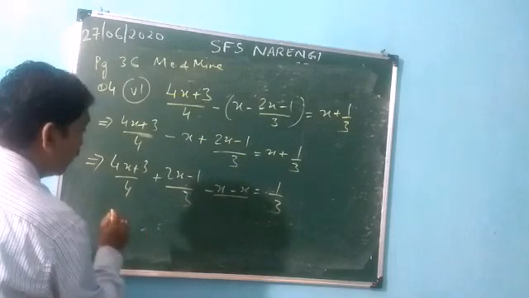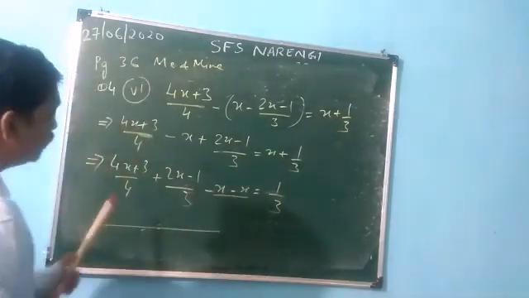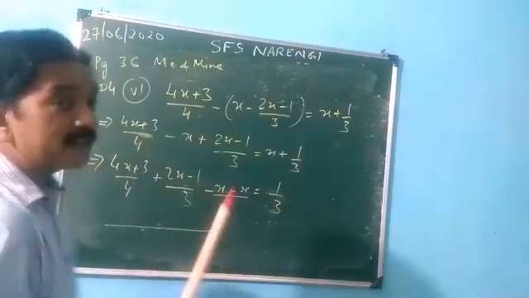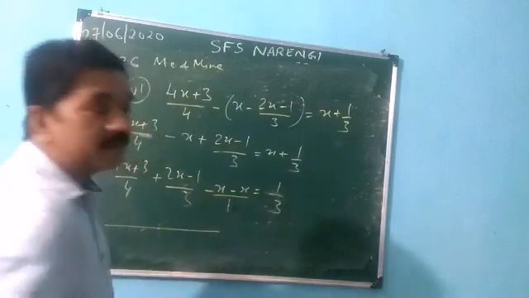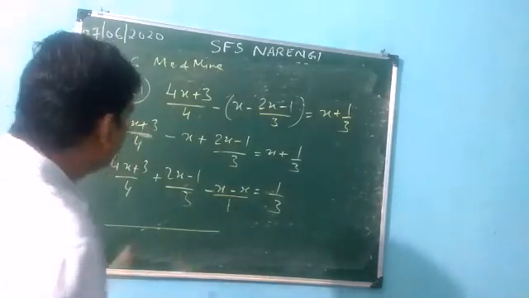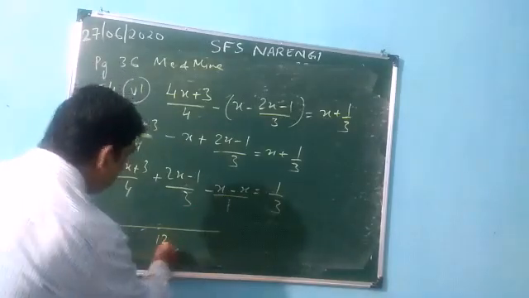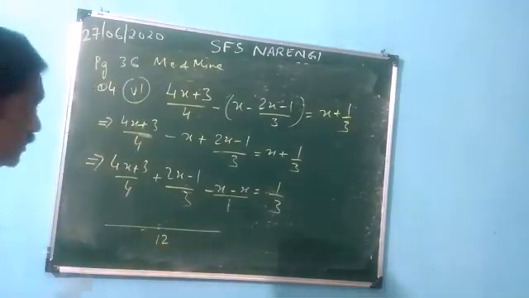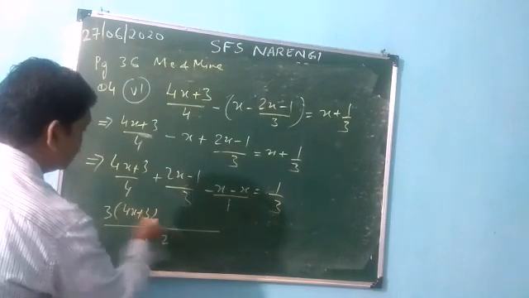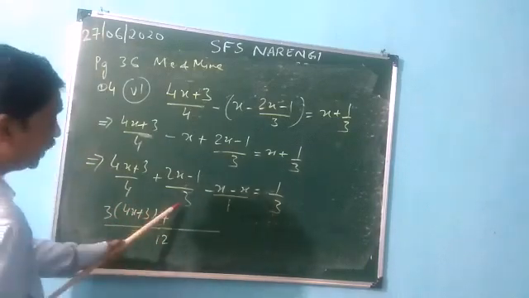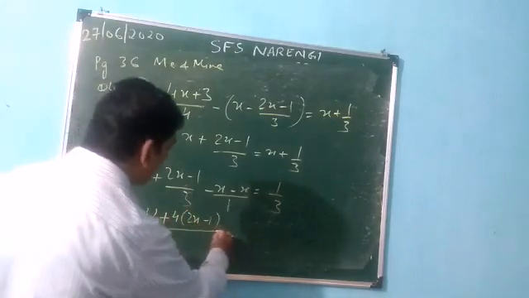After this, what I am going to do is take the LCM of 4 and 3. When I say 4 and 3, I mean the LCM of the denominators. Here the denominator is 1, so the LCM of 4, 3 and 1 is 12. 12 divided by 4, the answer is 3, so you multiply 3 here: 4x plus 3. 12 divided by 3, the answer is 4, so multiply 4 here: 2x minus 1.